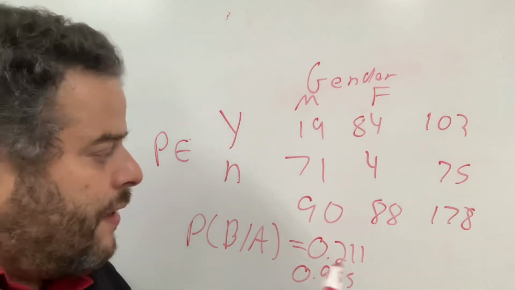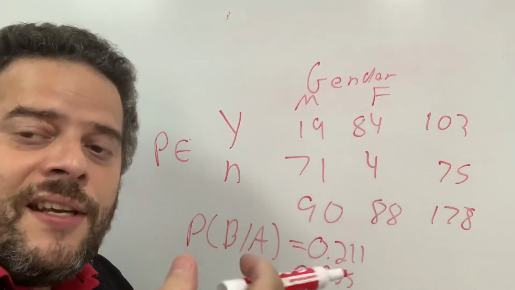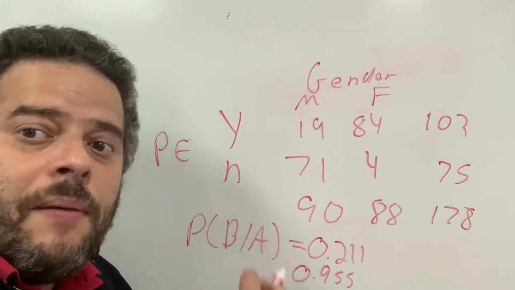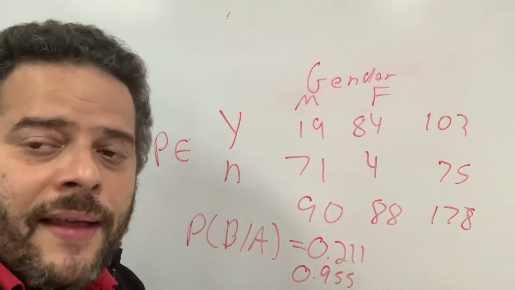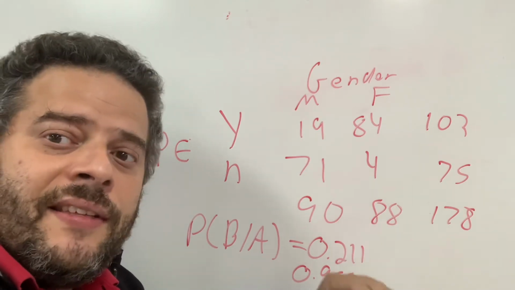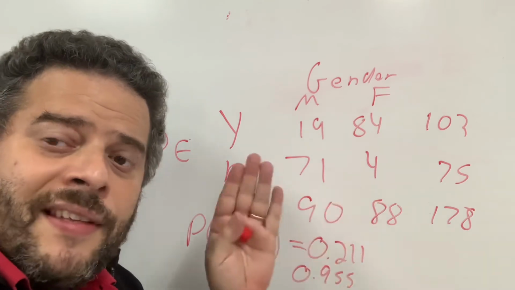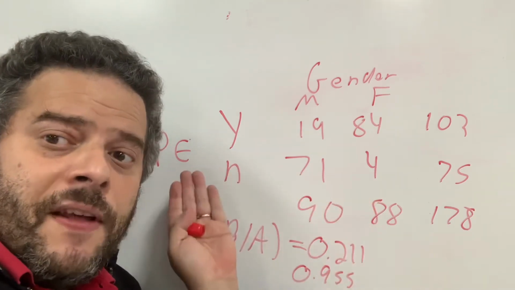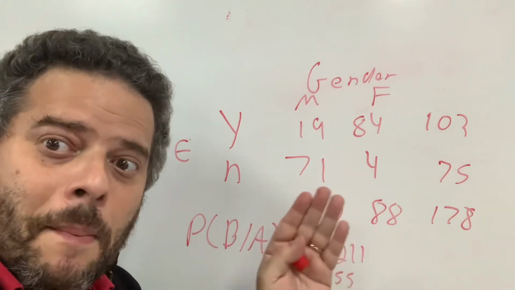So the previous event, being male or being female, will definitely change the outcome of having a pierced ear, which is the following event. So selecting a male that has a pierced ear versus selecting a female that has a pierced ear, the second event is the same. But the first event changes the probability of the second event happening by a lot.